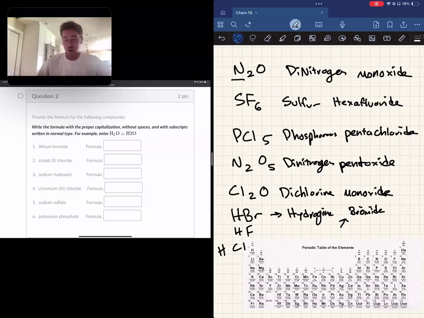With these ones, we don't use a mono because it doesn't really need to be distinguished. Since it's just a hydrogen, we know there's only one. There can't be two bromines here. And also these are so commonly used. This is just the name for them. So hydrogen fluoride, hydrogen bromide, hydrogen chloride. Okay, remember that.